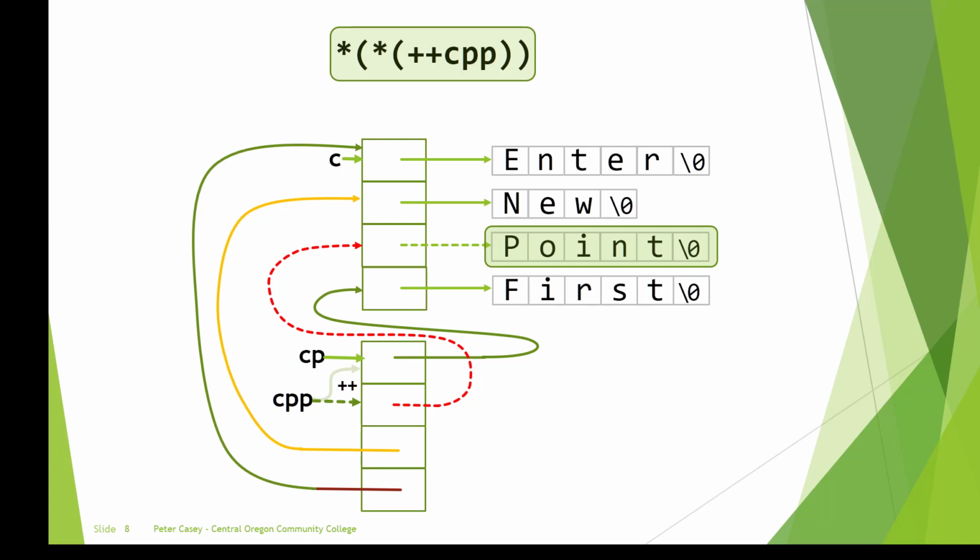And it's pointing then at the third element in array C. And so when we dereference that, we get a pointer to the first element in that array of char, that word point. We get a pointer to that. So if we pass that pointer to printf, it'll start printing the characters at the P, and it'll stop when it gets to the null character at the end.